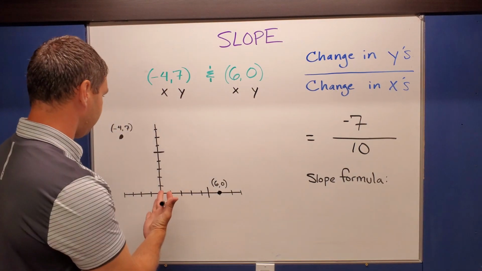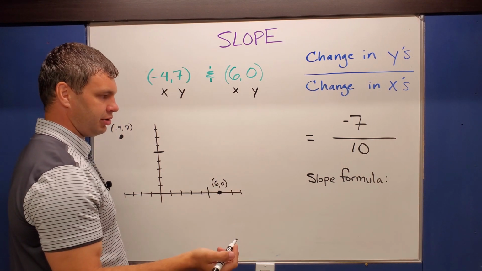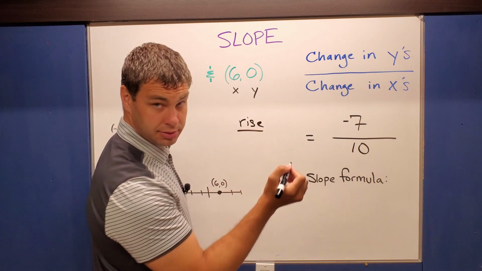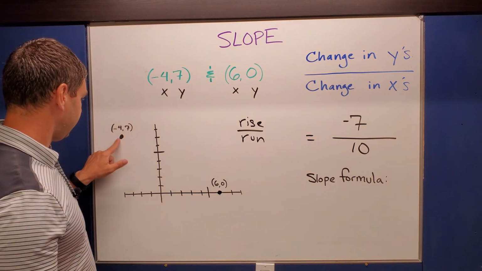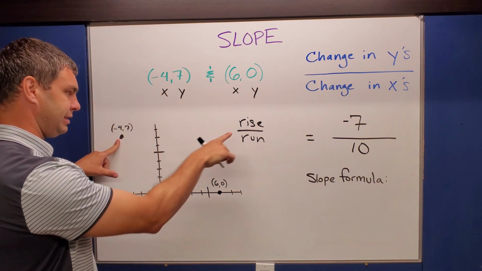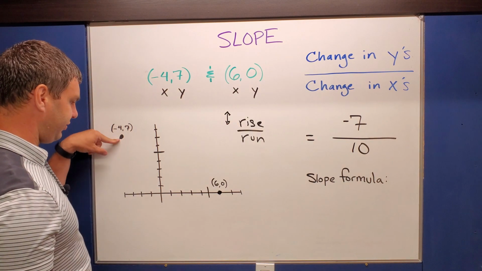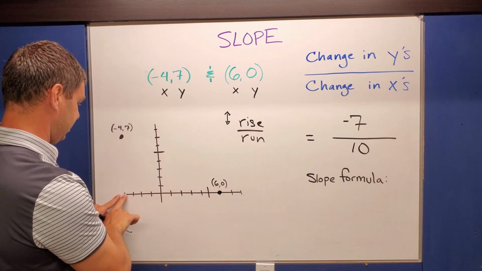And if I look at it graphically, does that make sense? Another way you may have heard slope is rise over run. Rise is up or down, and I actually have to go down to get to my other point, and then I would run this way.